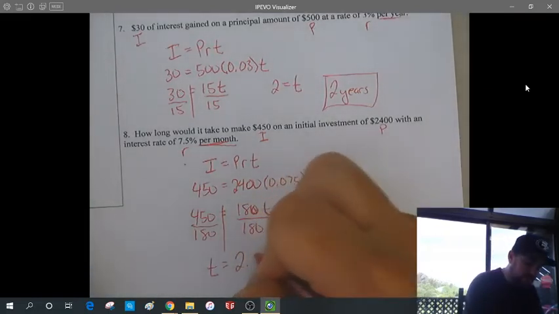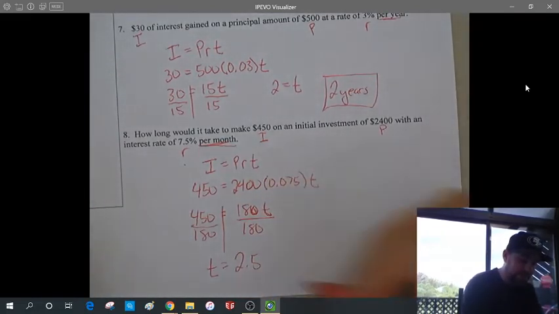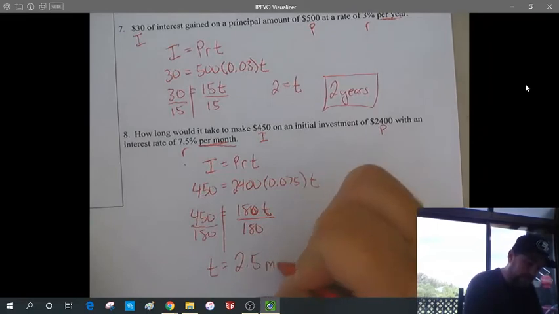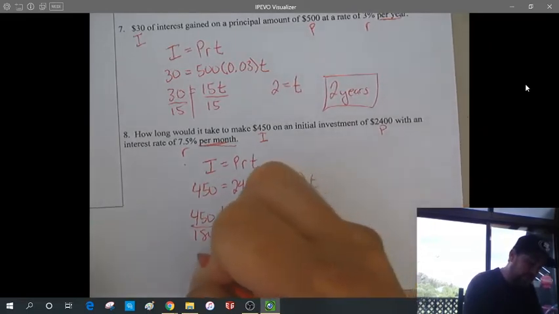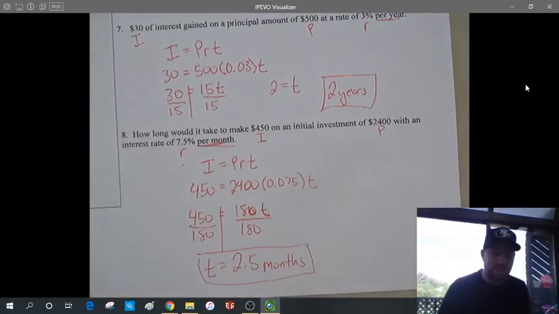And that's 2.5 as for T. And since that interest rate we were told was per month, that means it would just take 2.5 months. So in 2.5 months, after investing $2,400, you would now gain $450 more dollars. So you'd be up to $2,850 total.